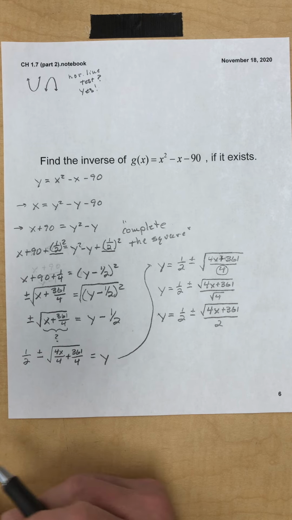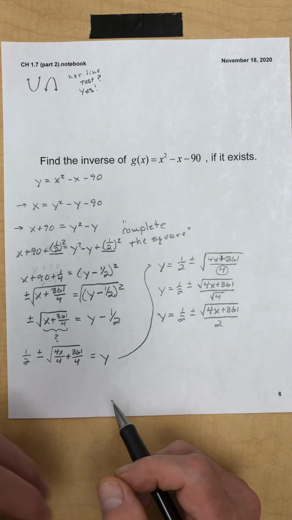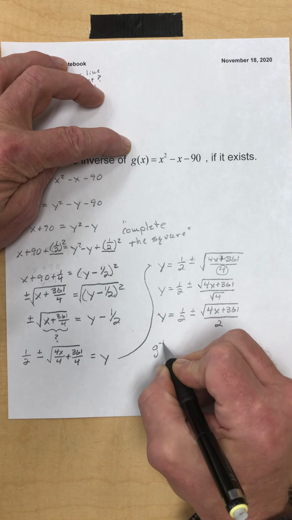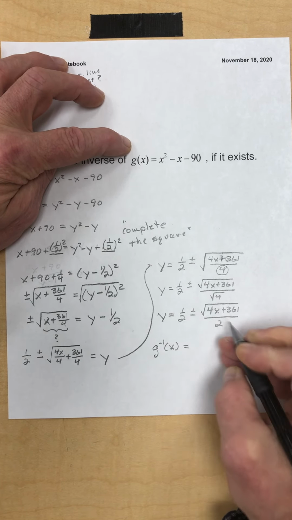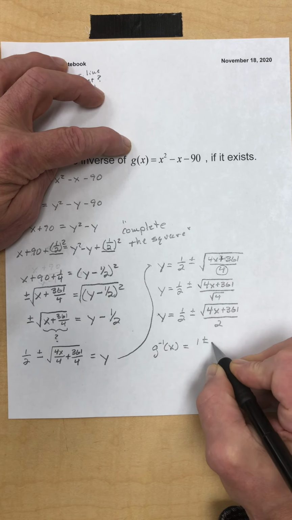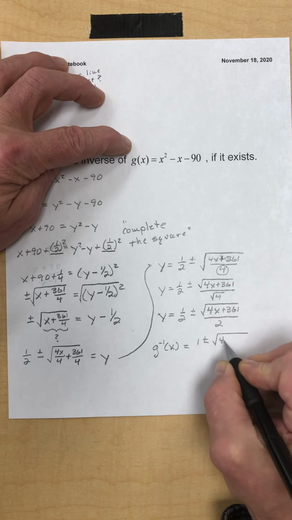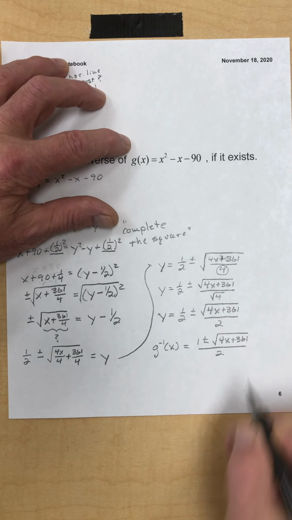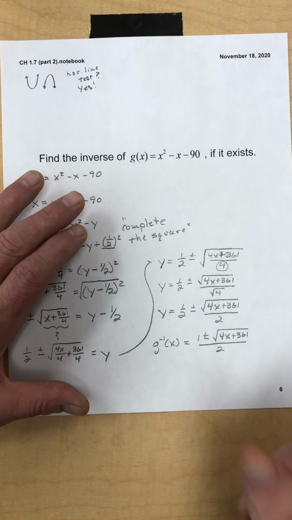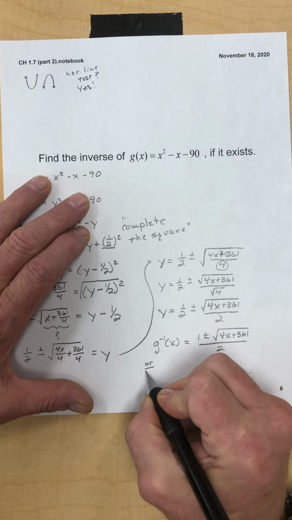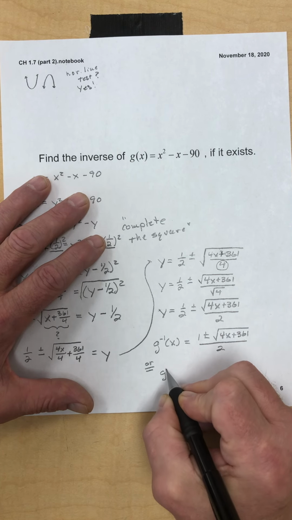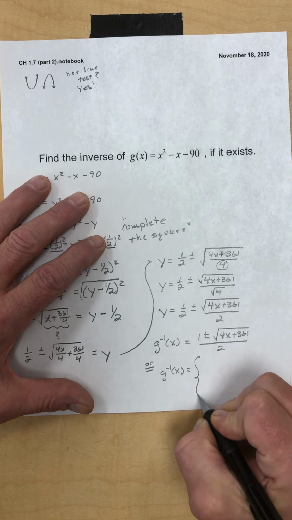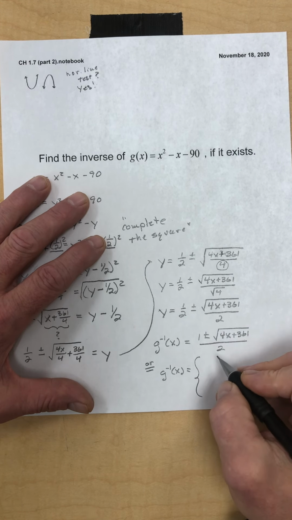Not only that, but we have to go back to function notation, and I found the inverse of g, so it would be g inverse of x equals 1 plus or minus the square root of 4x plus 361 all over 2. So you could leave it like that, or you could say g inverse of x is equal to, you could split them up into two different functions.